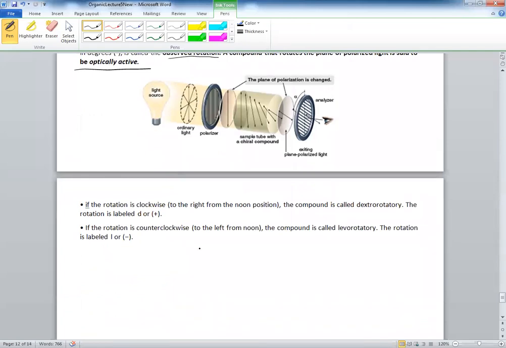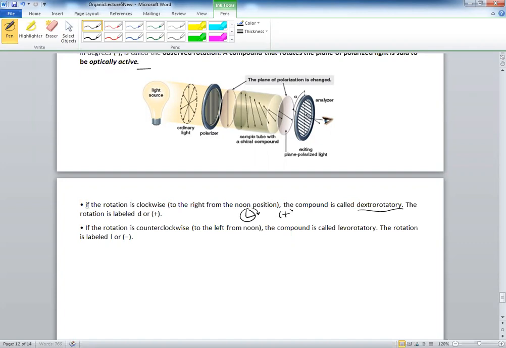And what is this rotation? If the rotation is clockwise, to the right from the noon position, from the 12 o'clock, like that, that would be dextrorotatory, and it's given the label D or plus.